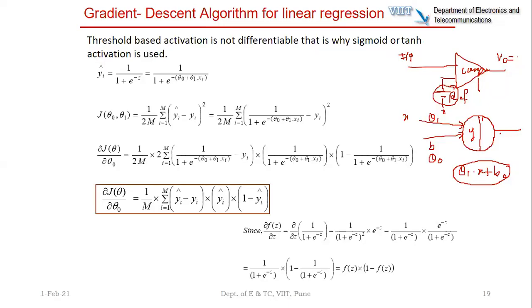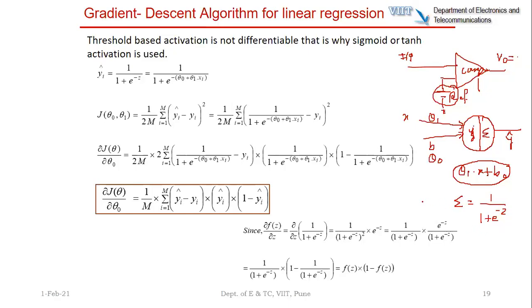Now, to get the y cap value, we set some threshold. So we pass this sum through some activation function, like say sigmoid. And what is this sigmoid function? In general, it is written as 1 upon 1 plus e raised to minus some variable z.